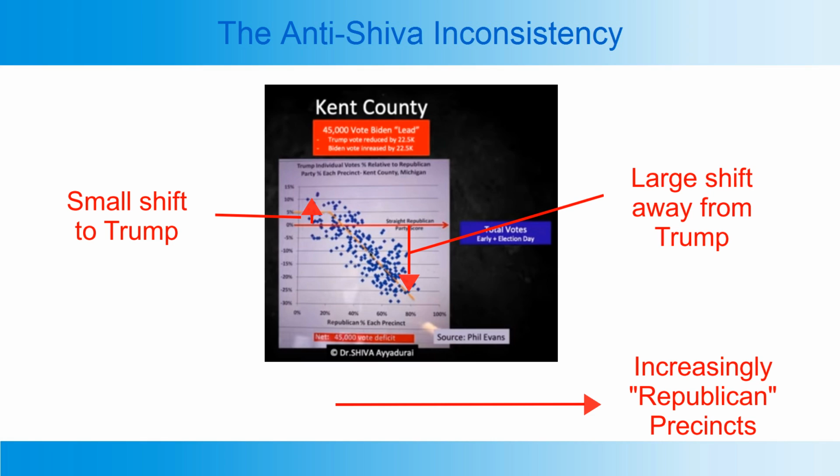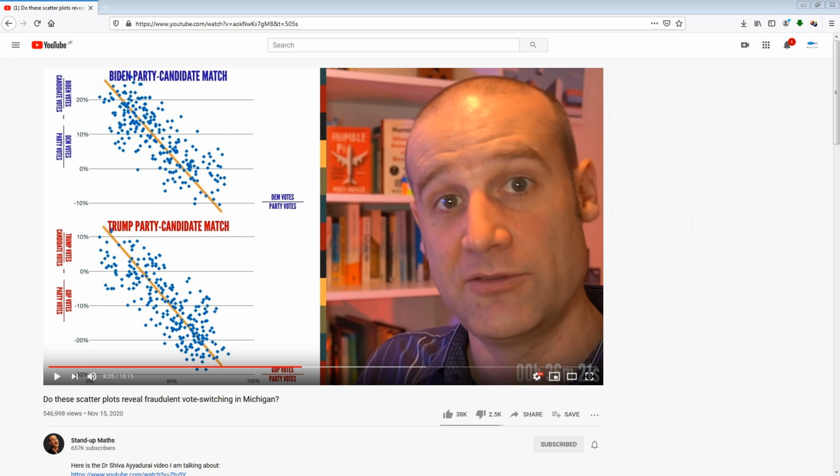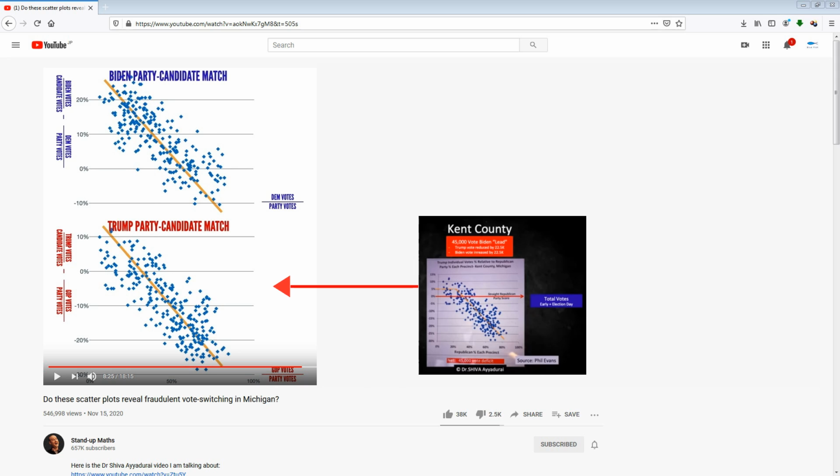The part of Matt's video I want to address is this part here, where he presents these two plots. The lower plot is basically a copy of Dr. Shiva's original plot. Then Matt uses a kind of reductio ad absurdum argument to try to show that the theory does not make sense.